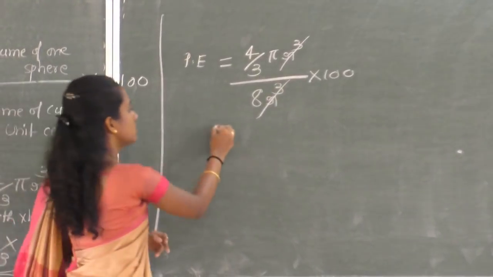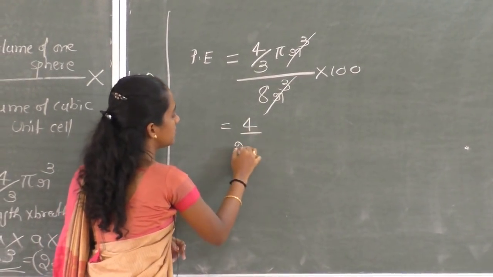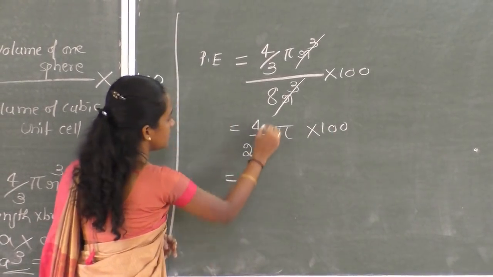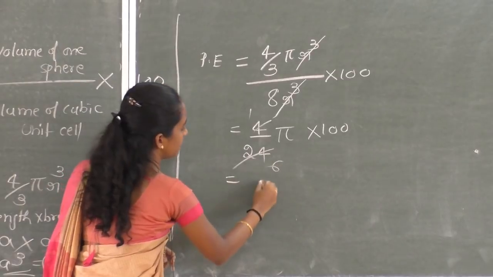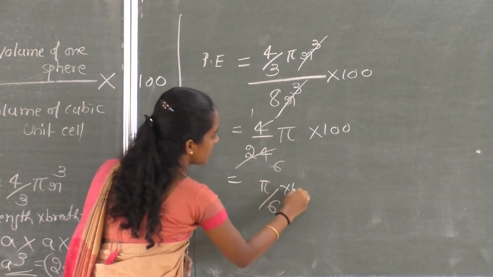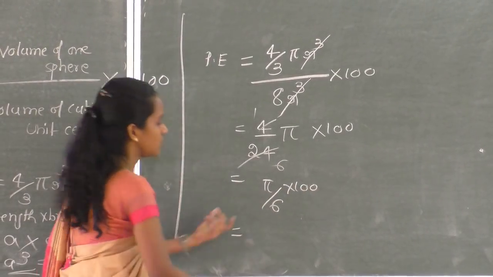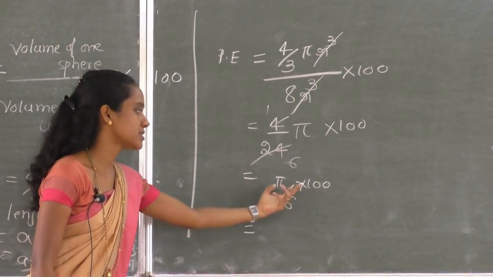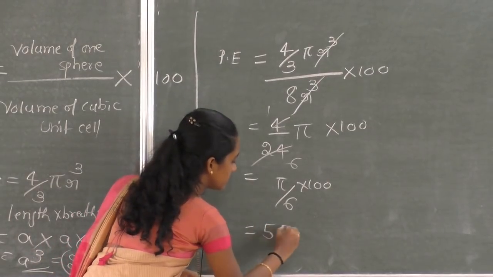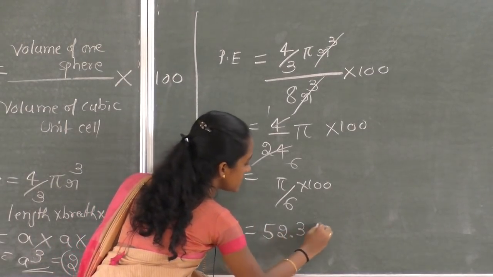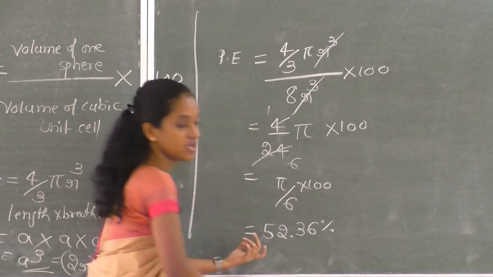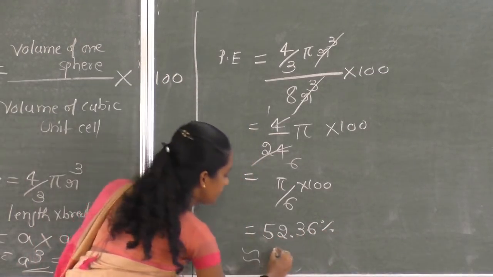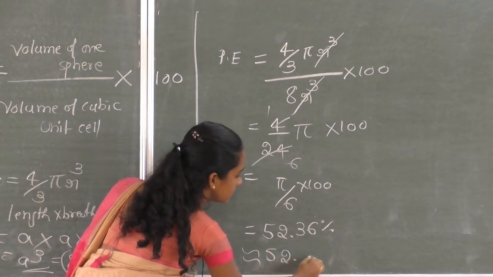What is the value? So 4 into 100, here 6 into 100, which is equal to, what is the value of pi? It is 3.14 divided by 6 into 100, we will get 52.36%, or approximately we can write 52.4.